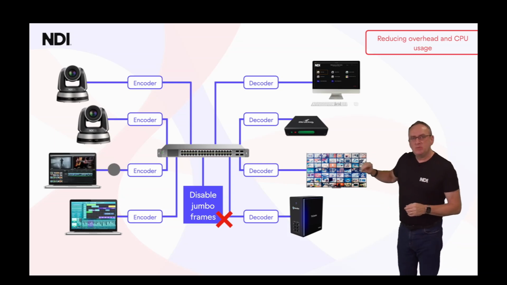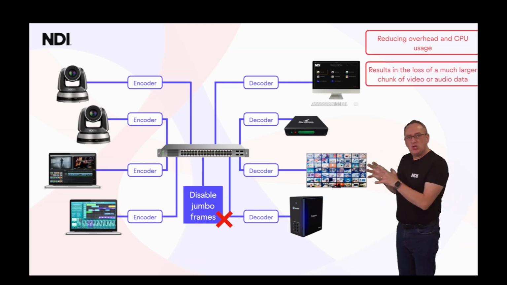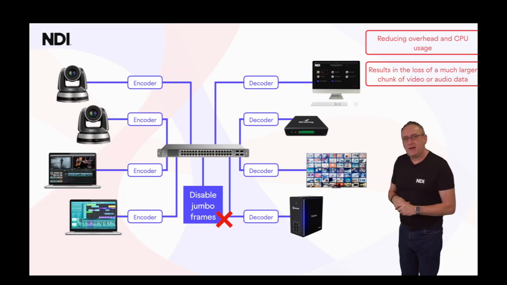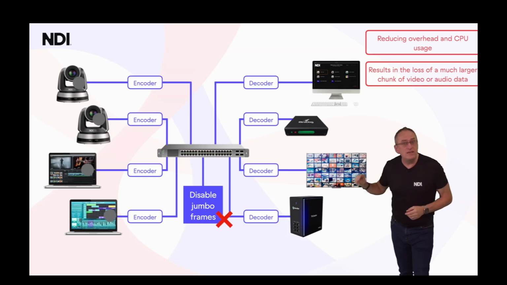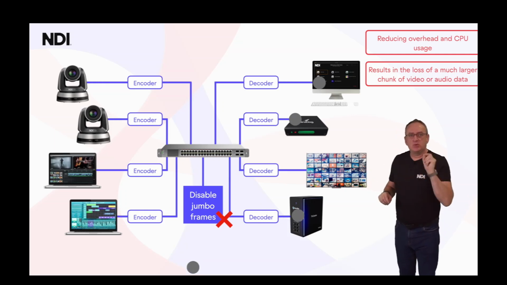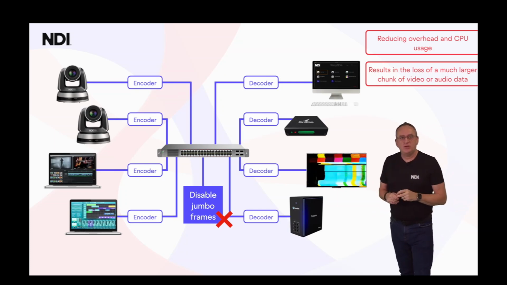If a single jumbo frame is lost, it results in the loss of a much larger chunk of video or audio data compared to a standard size packet. And since NDI is focused on real-time video transmission, losing even a small amount of data can disrupt video quality, and that leads to noticeable glitches or dropped frames.